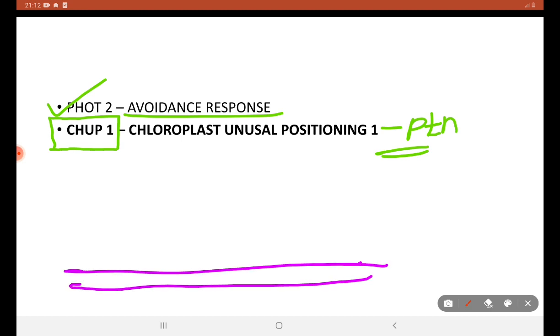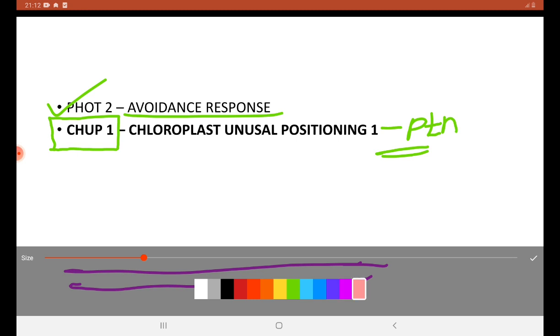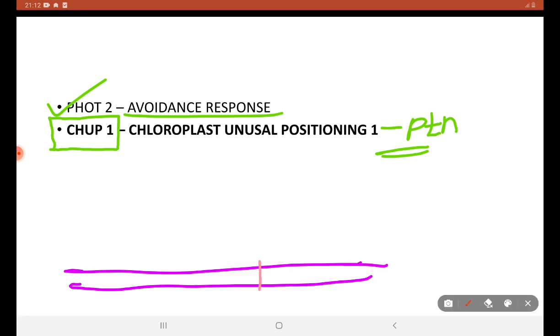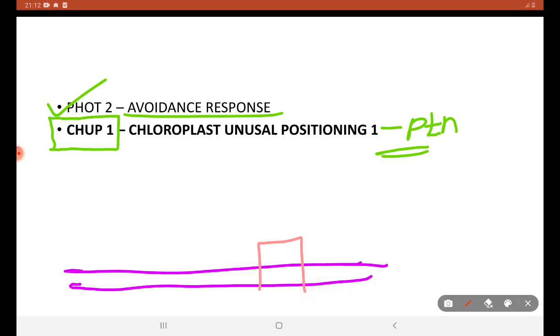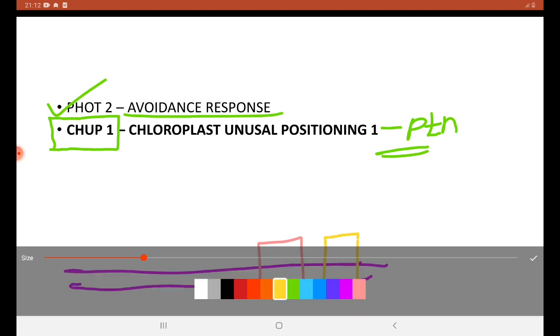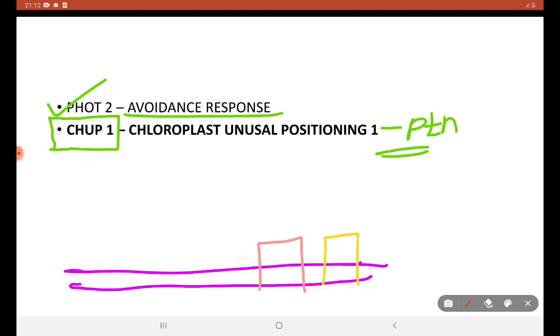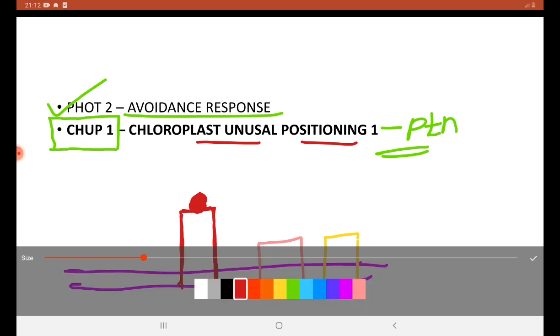Consider this as a cell. Consider this as Phot1. Consider this as Phot2. We have CHUP, that is chloroplast unusual positioning 1 protein, present.